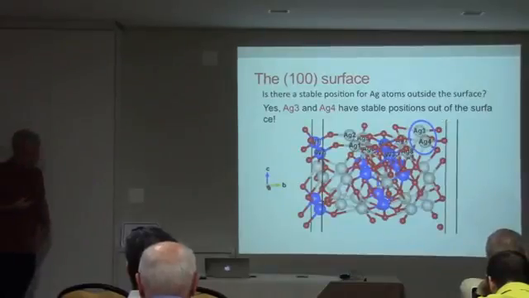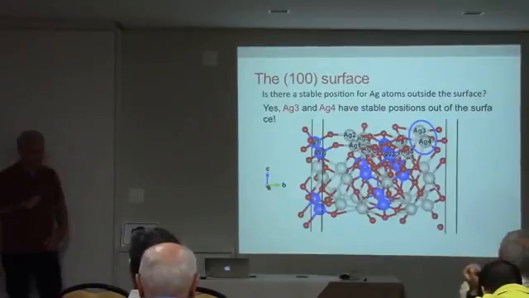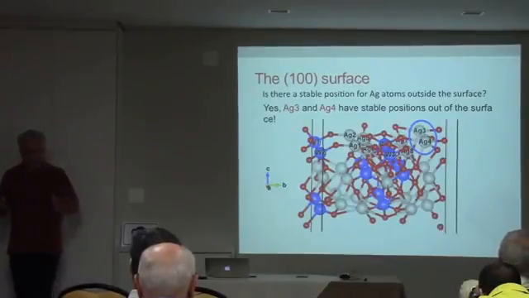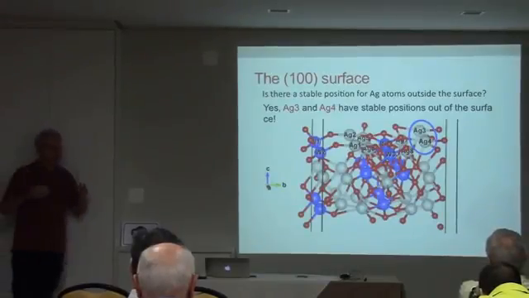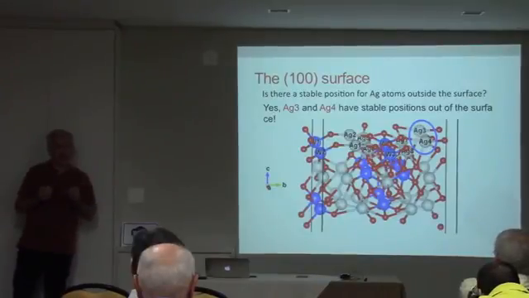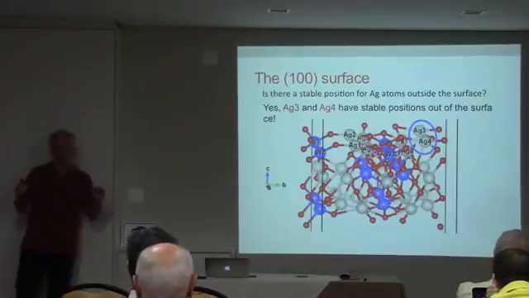This is interesting because of the experimental observation. If we expect that all the silver atoms can diffuse outside, what we would expect in the experiment is just an amorphization process of the substrate. But we don't find this.